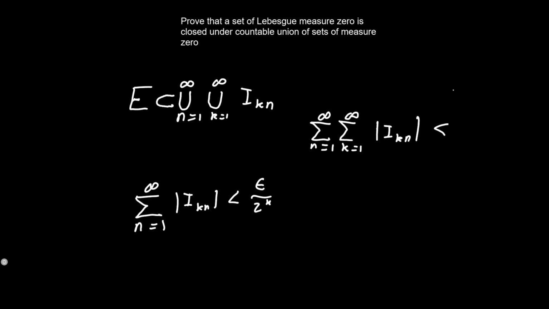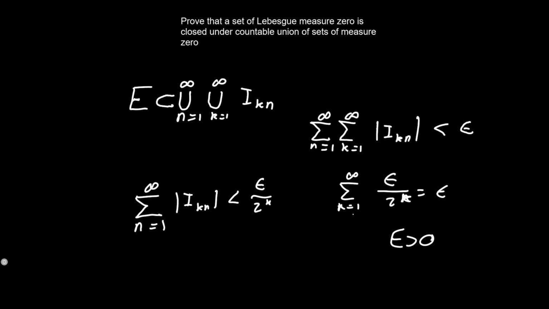So the sum from k equals 1 to infinity of epsilon over 2 to the k is epsilon. We showed that for any epsilon greater than 0, there exists a covering of the union E by open intervals whose total length is less than epsilon.